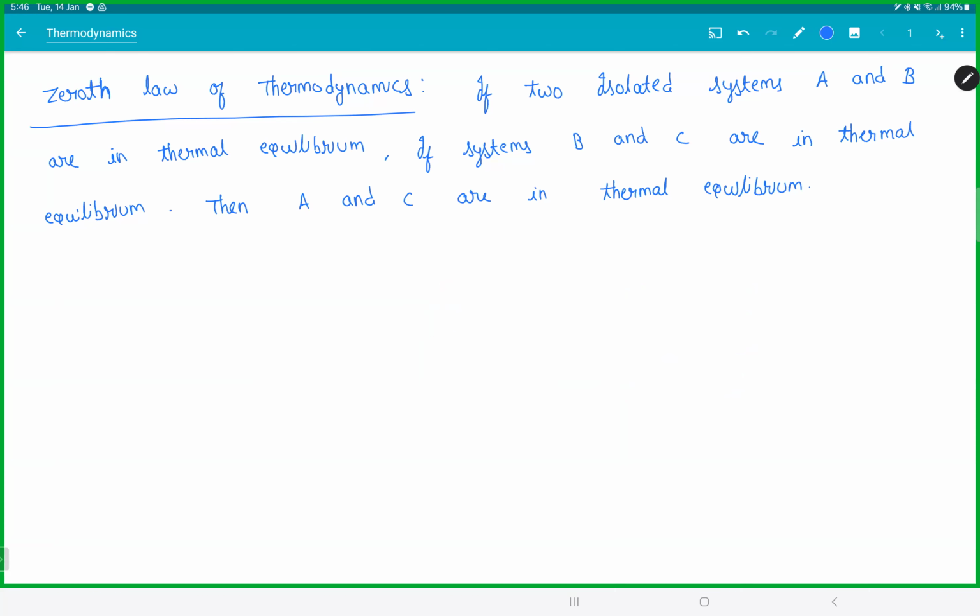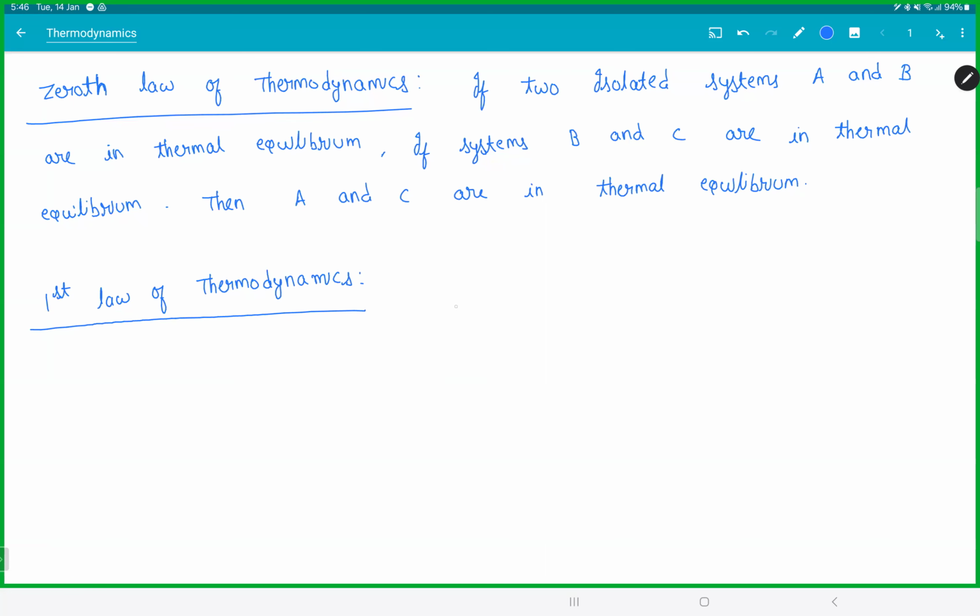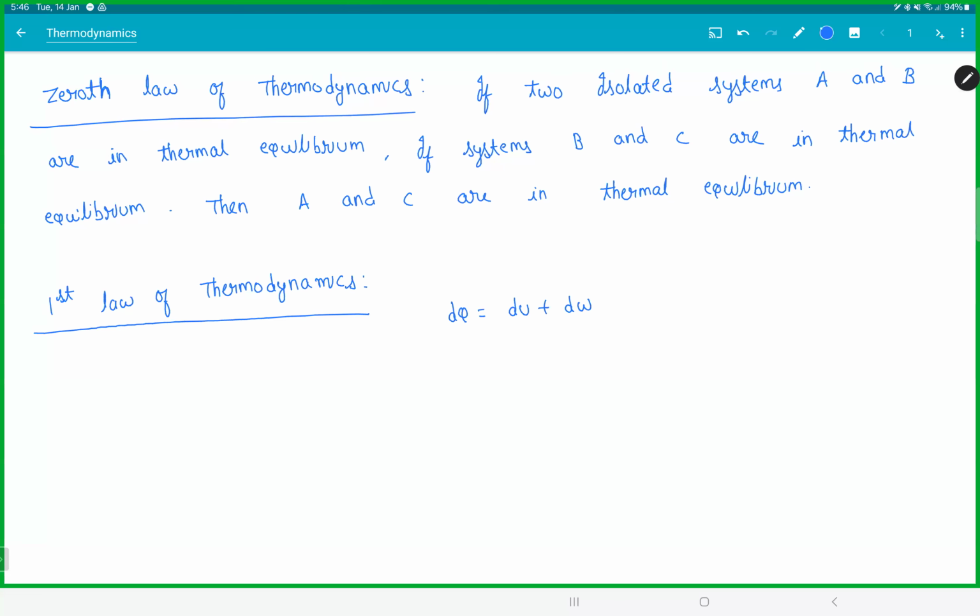Next thing, the first law. The first law of thermodynamics, we'll just write the statement: dQ is equal to dU plus dW. dQ is the heat supplied.